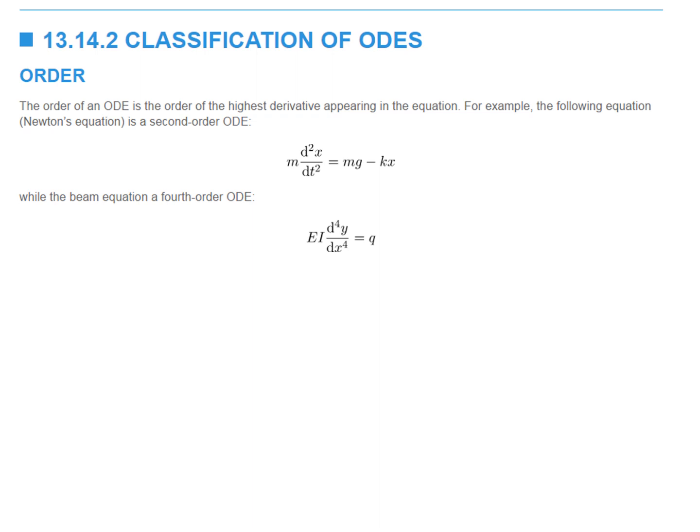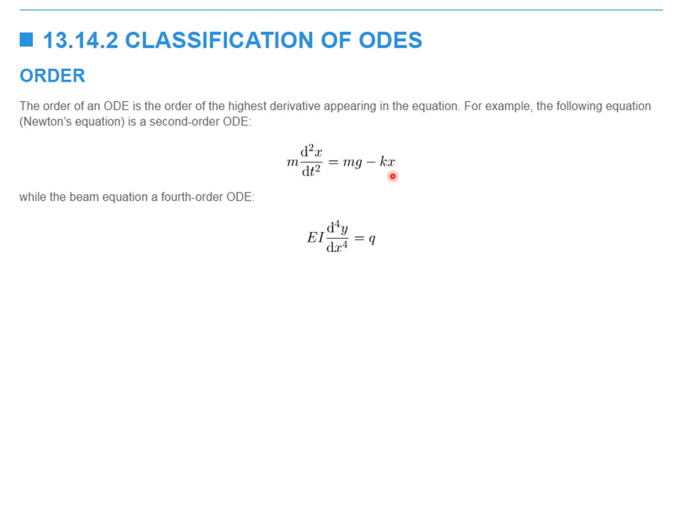So we're going to talk now about the classification of ordinary differential equations, which is the subject of this course. The order of an ordinary differential equation is the order of the highest derivative appearing in the equation.